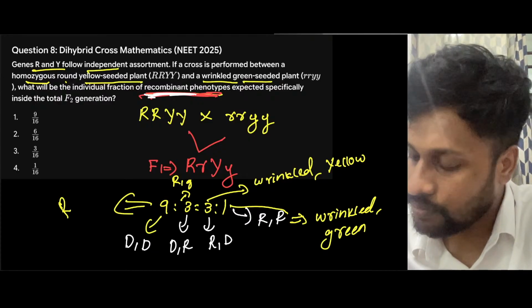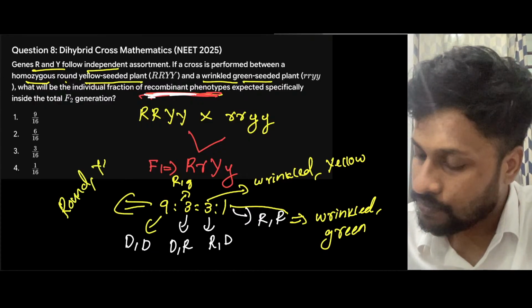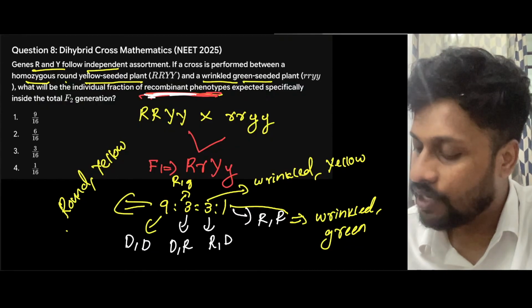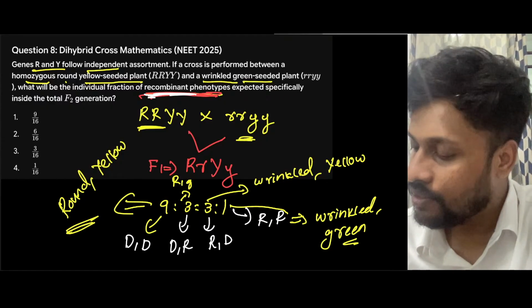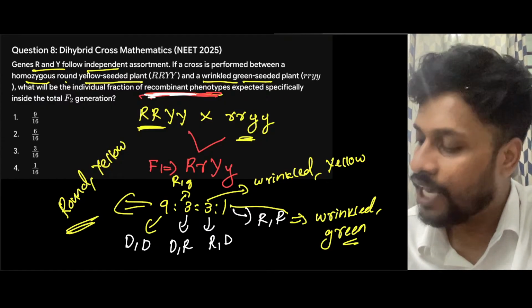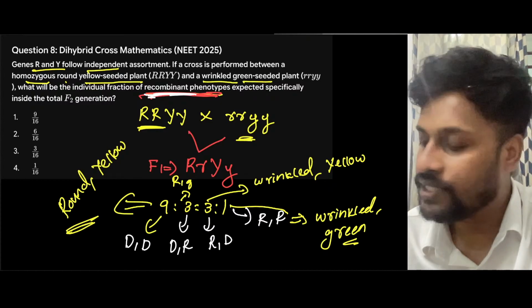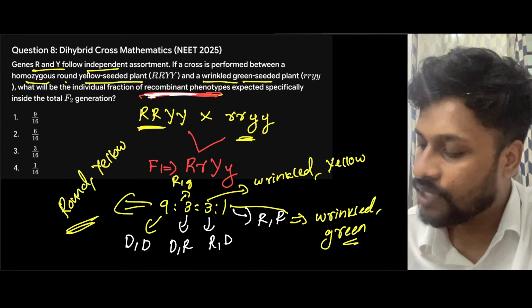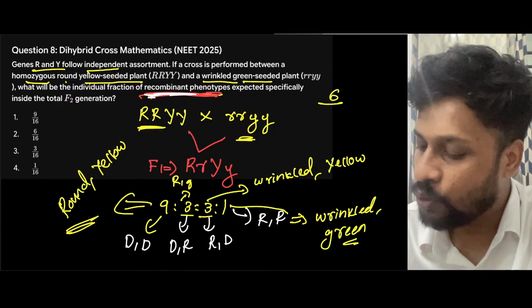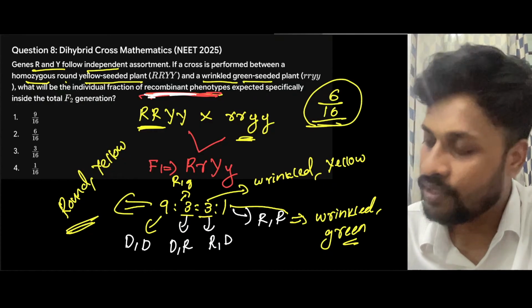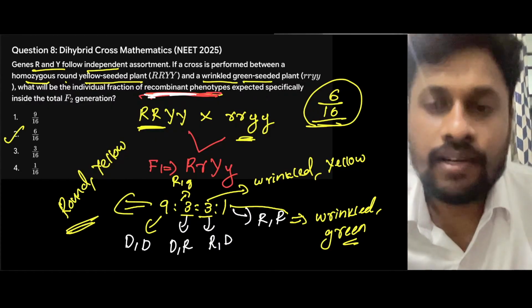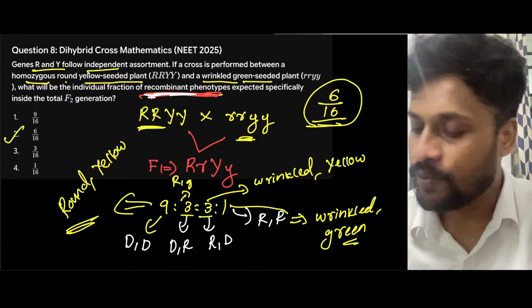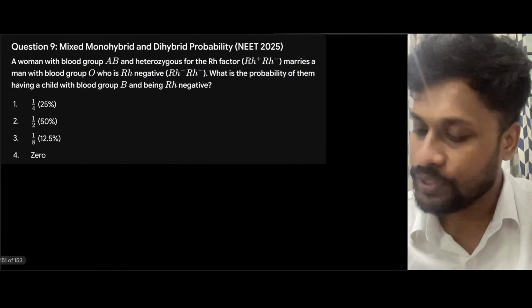Now you see round yellow is parental, wrinkled green is parental, but round green and wrinkled yellow are recombinant. So how many are recombinants here, guys? 3 plus 3, which means 6 out of 16 are recombinant. Option 2 is the answer. Right? Easy one. Now another question.